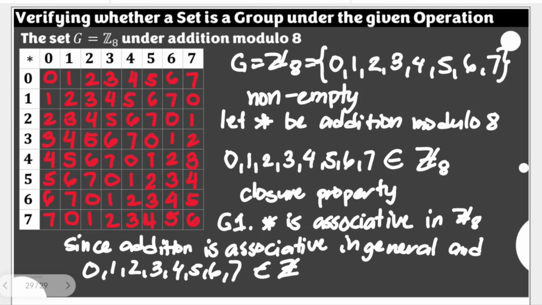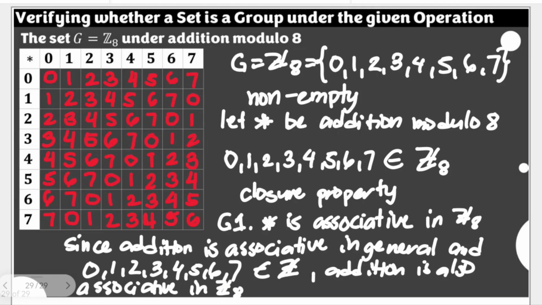But more specifically, we can say that addition is also associative in Z8, again with that reasoning that our Z8 is just a subset of Z. At the same time, if we're going to consider star, which is addition modulo 8, whatever will be the result of A star B star C, or let's just use the plus here, because we're talking about addition without the use of the modulo first.